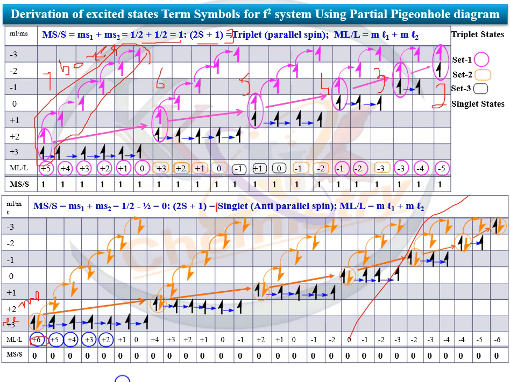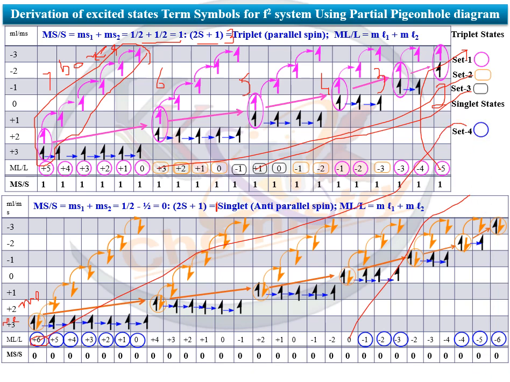So over here we have L is equal to 5, L is equal to 3, maximum L is equal to 1. In singlet we have maximum ml value 6, 4, plus 2 and 0.